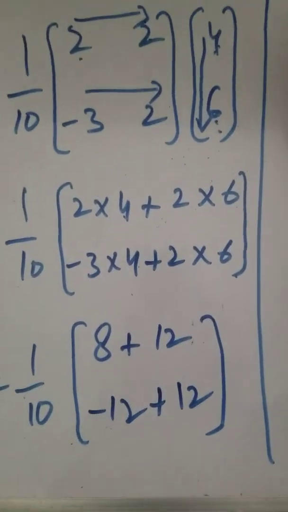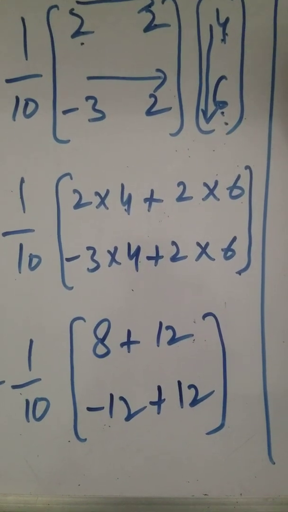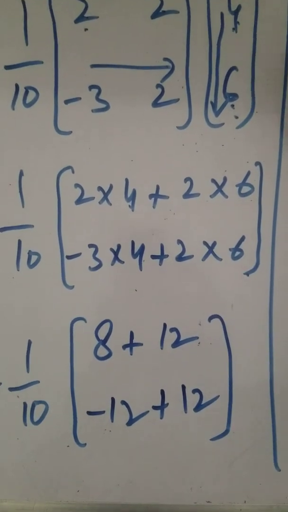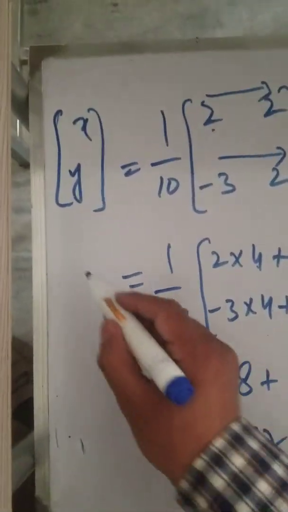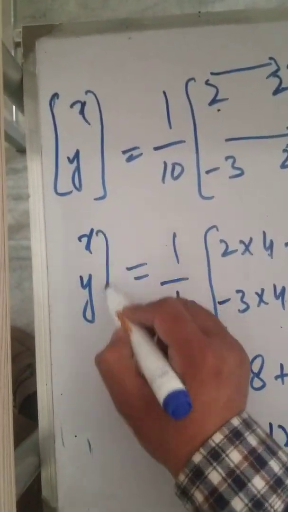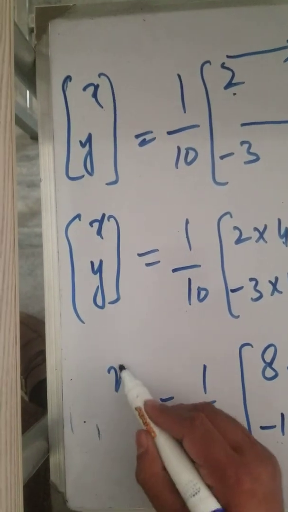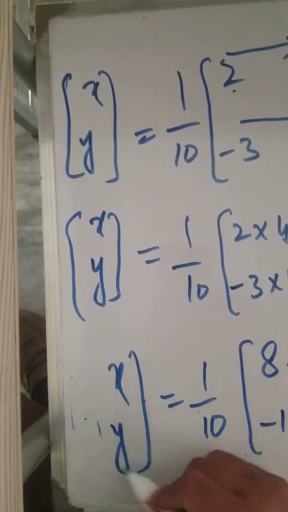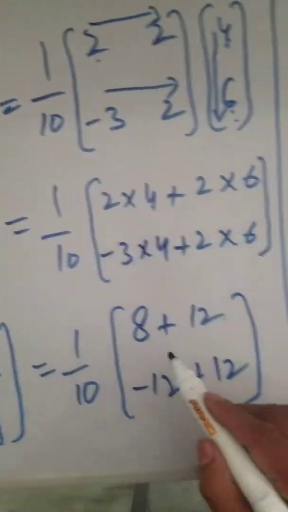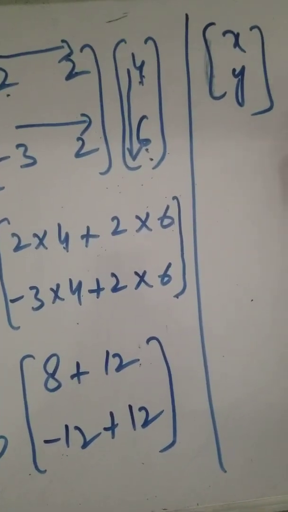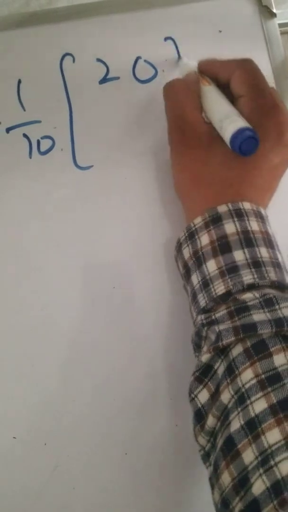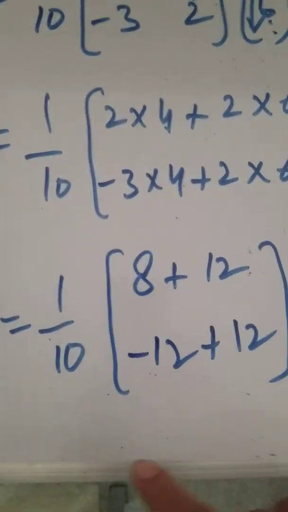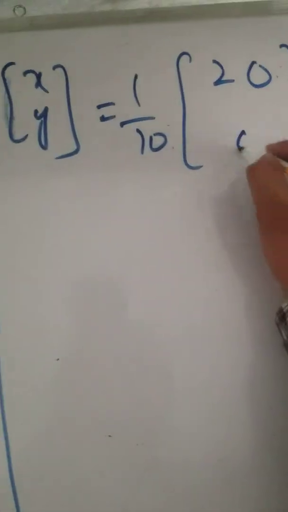Now the value of x and y is: 8 plus 12 is 20, minus 12 plus 12 is 0.